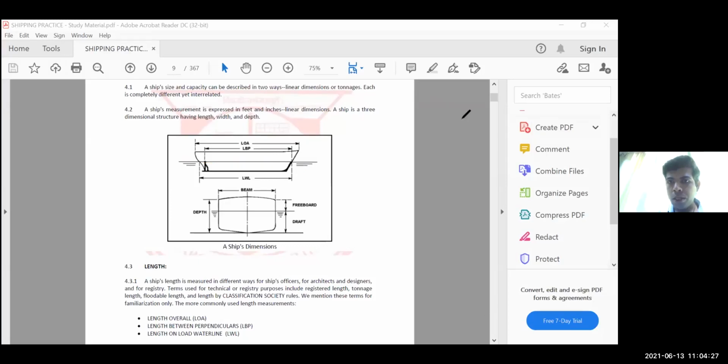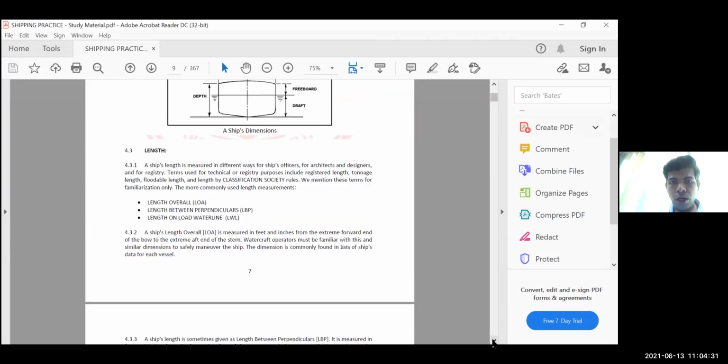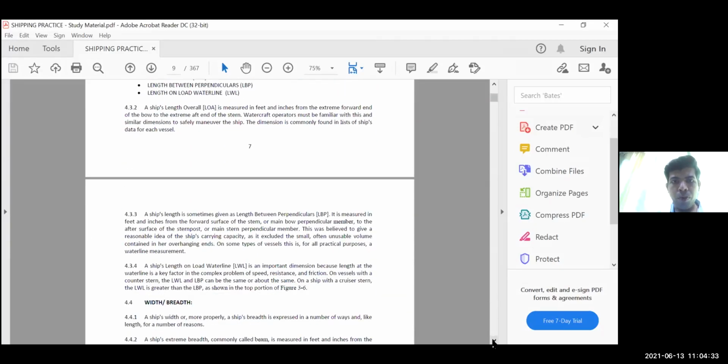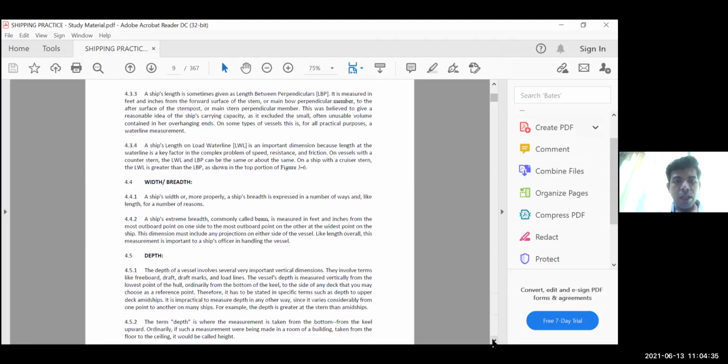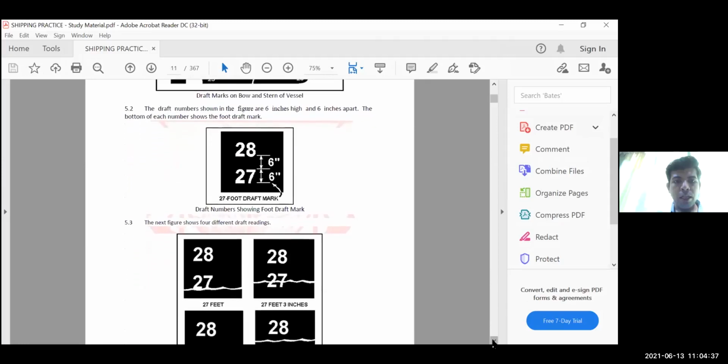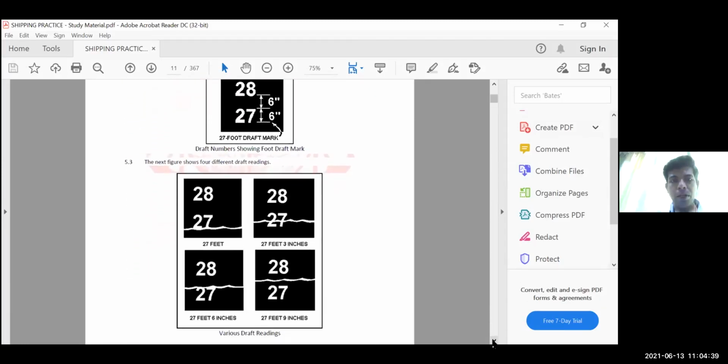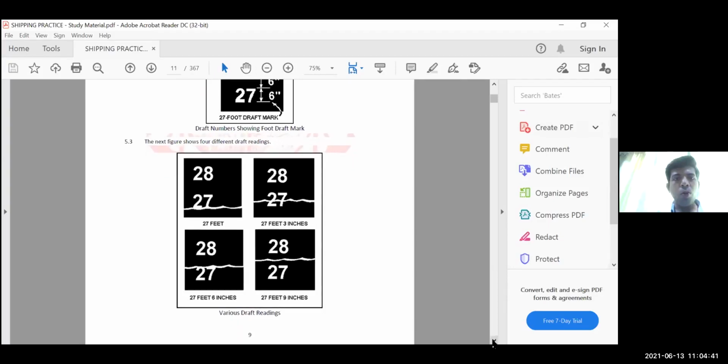To give you some more idea about it, let me scroll down. See, in your book also, they have shown various draft markings. Wherever from the keel plate, the bottom plate of a ship, the readings are given, it starts from 0 meters.